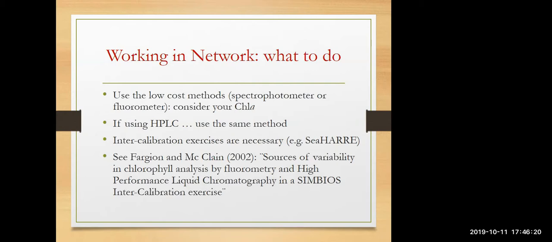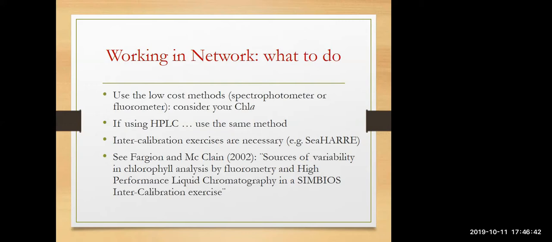And I recommend you take a look at the publication of Van Heukelem and McLean from 2002. They talk about the sources of variability in chlorophyll analysis by fluorometry and HPLC, also in a SIMBIOS intercalibration exercise.